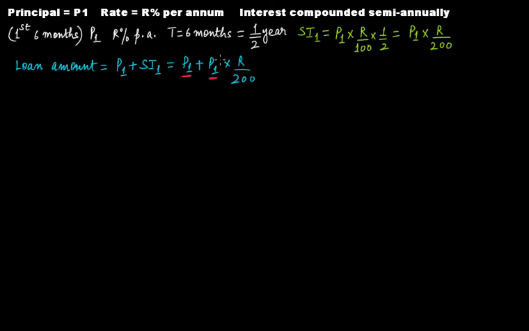P1 is common in both these two terms, therefore this can be written as P1 common and 1 plus R by 200. Right? You take P1 common, so in this term you'll have 1 left, plus in this term you'll have R by 200 left. Now this loan amount will act as the principal for the next period of 6 months.